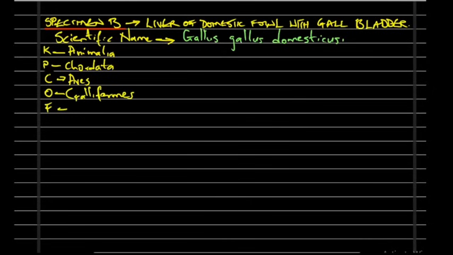We have the family to be Phasianidae. We have the genus, like we said earlier, Gallus, and the species is also Gallus domesticus. So that is what the taxonomy of this organism looks like.